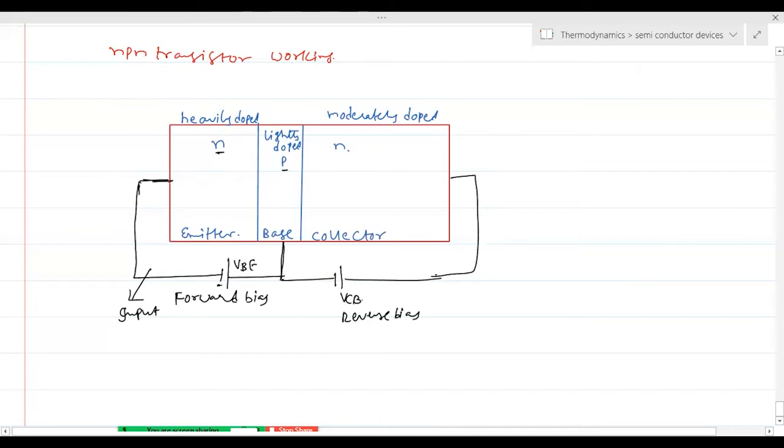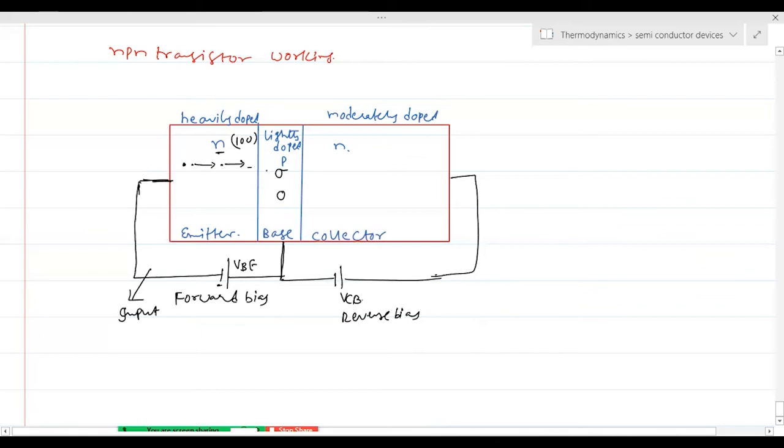When we provide the negative charge carriers, suppose the electrons, the majority charge carriers, electrons are repelled. Let us say some 100 electrons start from N, and in the base region we have holes as majority charge carriers.